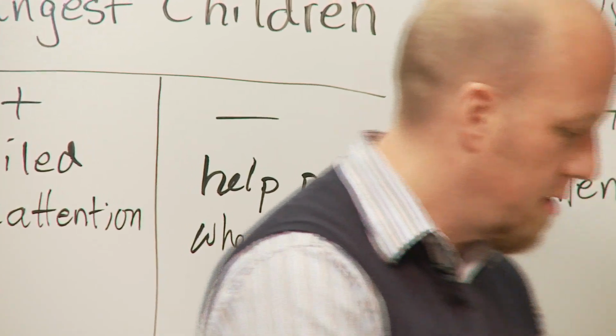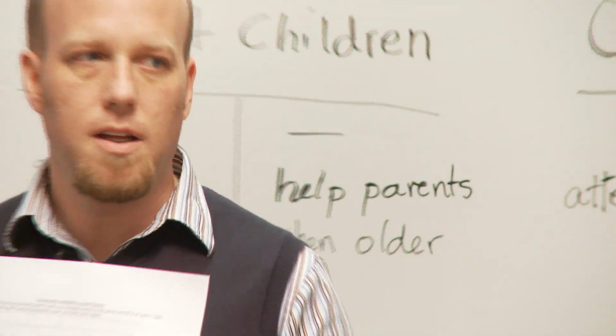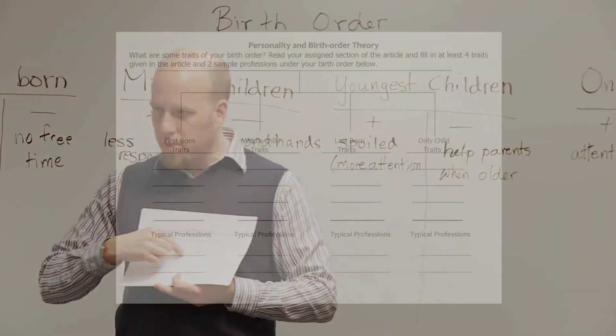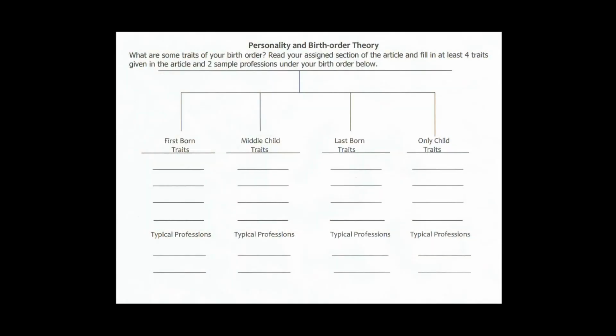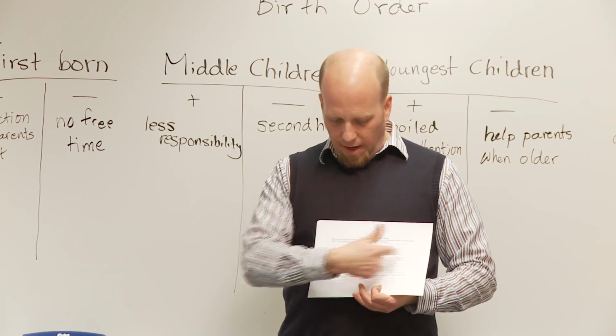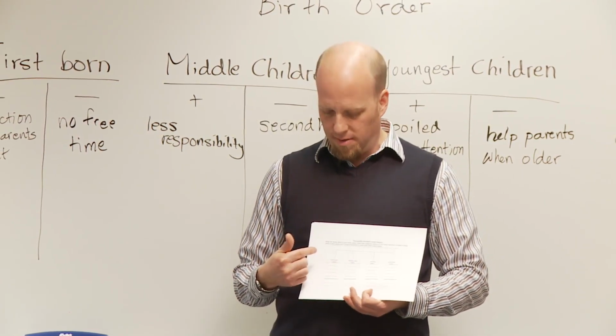And what are you going to do with this paper here? Yeah, you're going to look for your trait and then fill out the traits for your birth order. So, if I'm firstborn, do I fill out everything? No. Which one do I fill out?